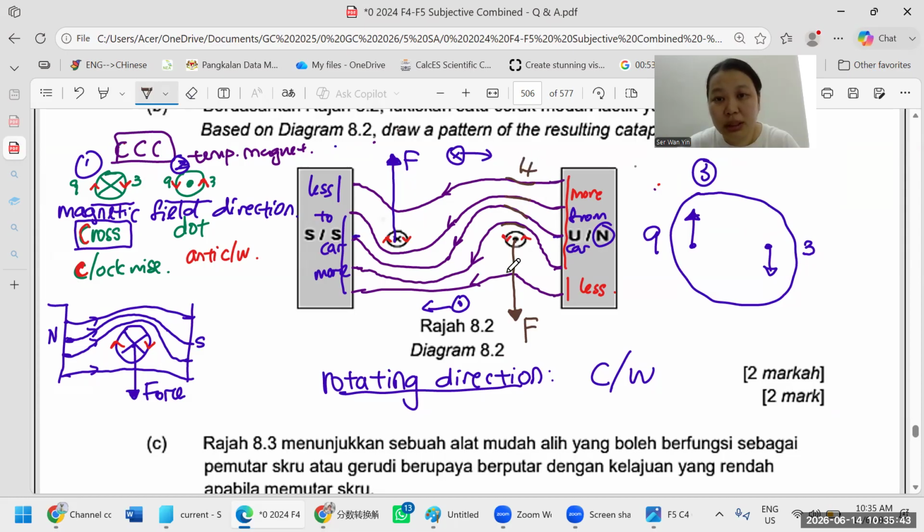Here has 1. 4 minus 1 is 3. 3 going to where? Going downwards. Right here, 1, 2, 3, 4. 4 lines up, 1 line down. So 4 minus 1, more lines to fewer lines, so it will push upwards. Get the idea?